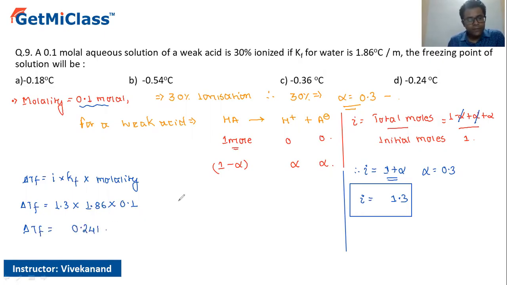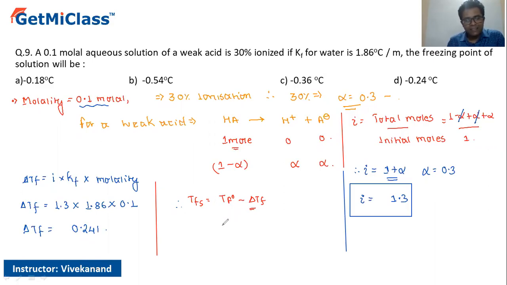Okay, so we know the relationship: Tf, the freezing point of the solution, is equal to Tf naught minus delta Tf, right? Now we have already got the delta Tf value.